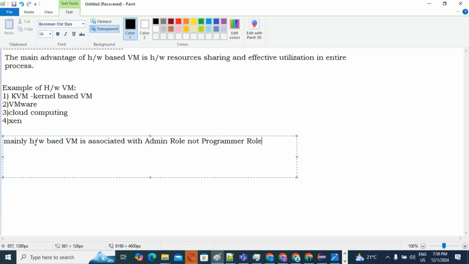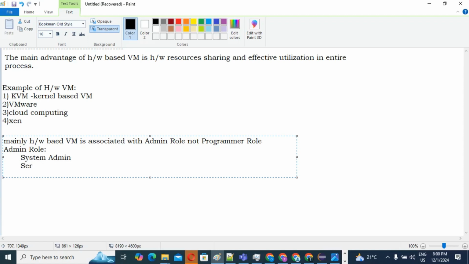Admin role means, guys, I will tell you. Admin role means system admin. Yes or no, guys? That is system admin. Sometimes you also hear server admin.